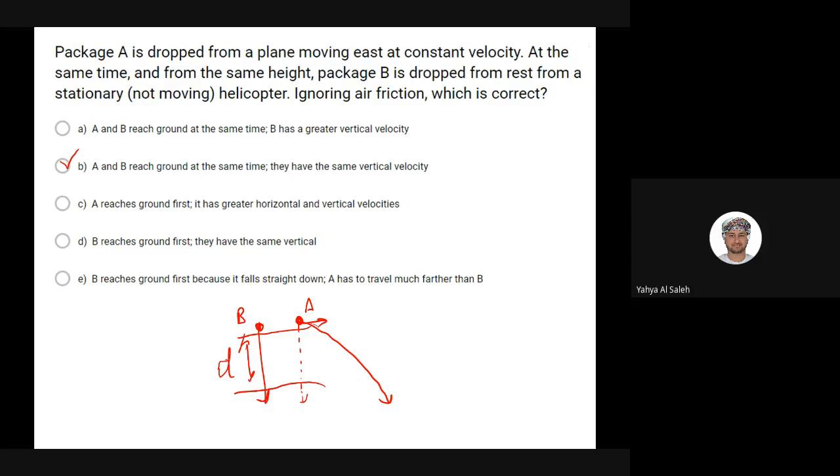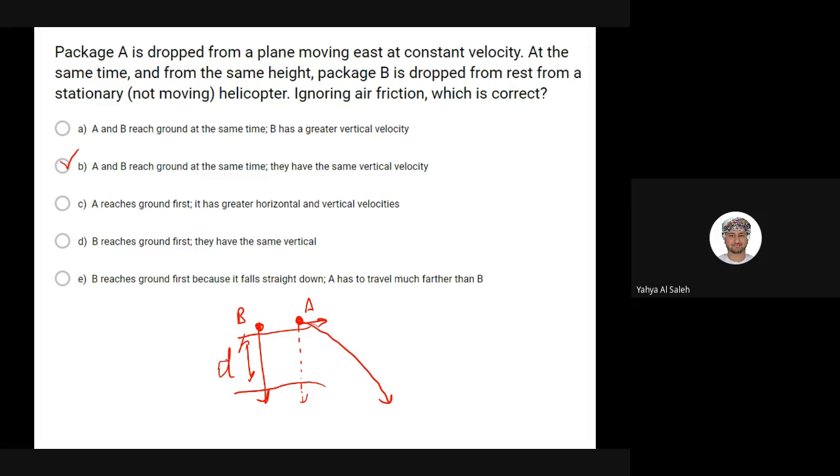Doctor? Yeah. What if we consider air friction? What would be the answer? It would still be the same if they have the same. If it's the same package, same dimension, same mass, it would still be the same.